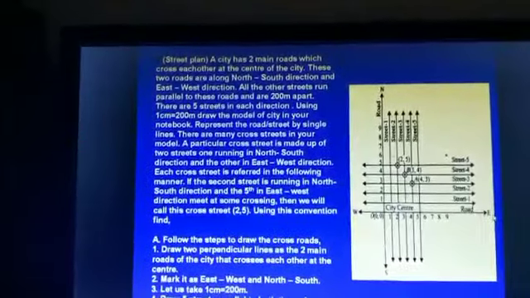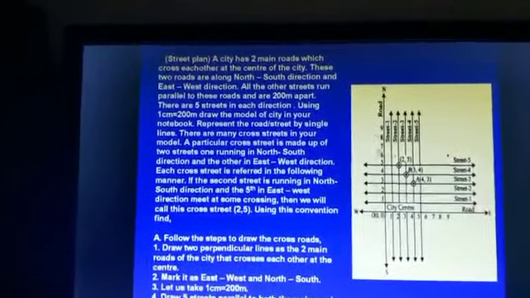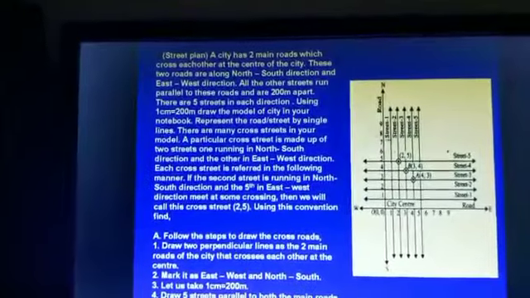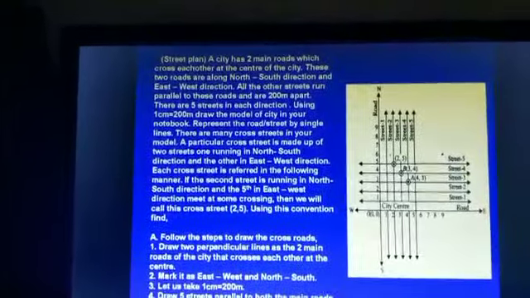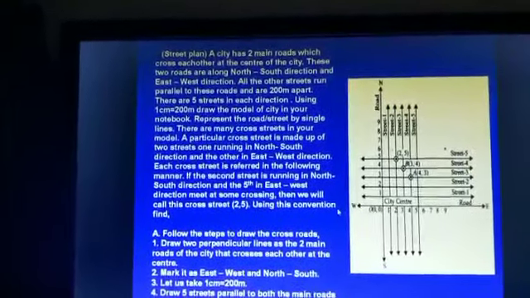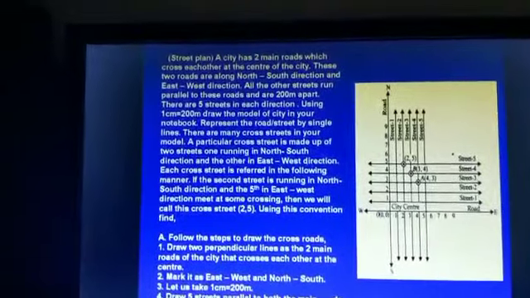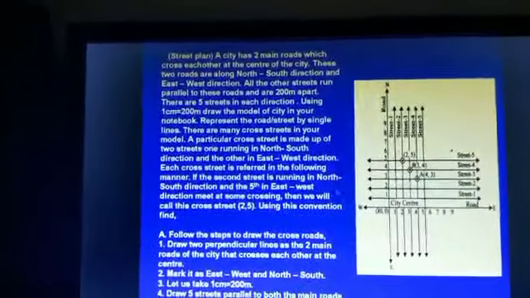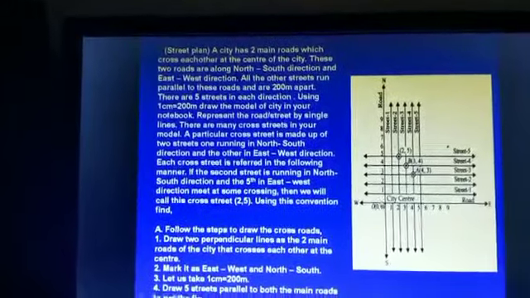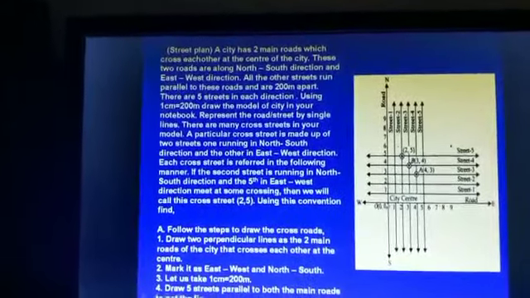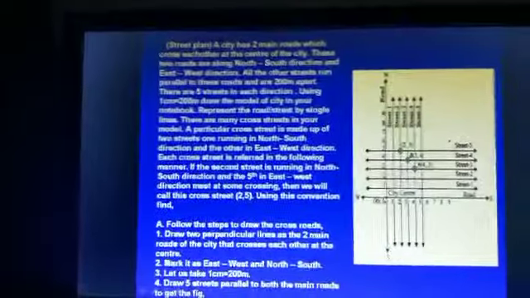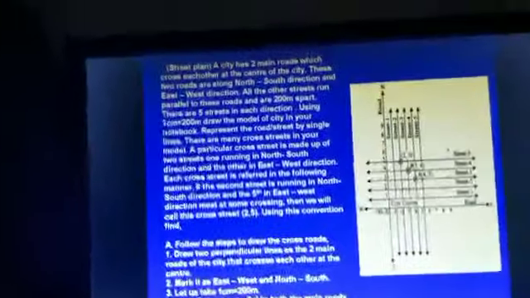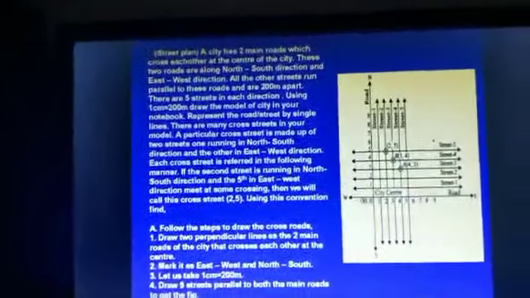That is the east-west road. They have said two main roads, north-south and east-west. They are perpendicular lines. They have said crossroads is nothing but a perpendicular line. They are meeting at one cross street. Okay. And these two roads are 200 meters apart, they have said.